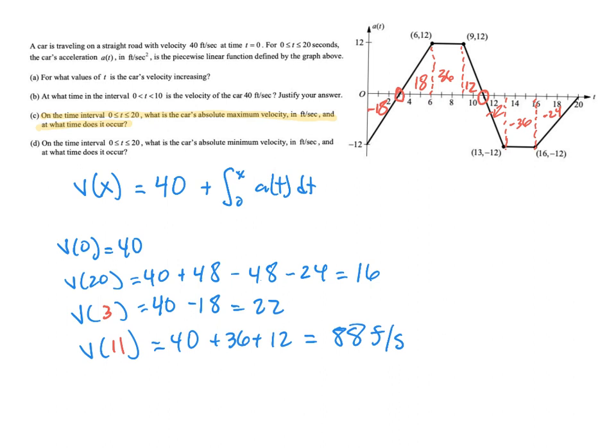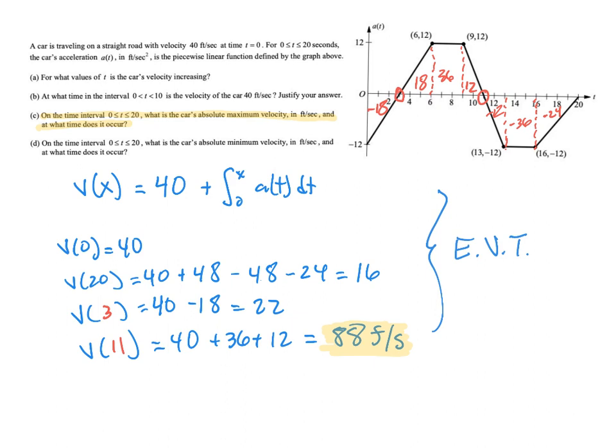And it looks to me like 88 is the absolute maximum, because 40, 16, 22, 88 is the highest. And don't forget, we use the extreme value theorem to figure this out. Another way to think of this is we start at 40. For the first 3 seconds, we go negative, so we know we're slowing down. We get back to 40 at 6 seconds, and then we're only adding velocity, if you will, accumulating positive velocity until 11 seconds.